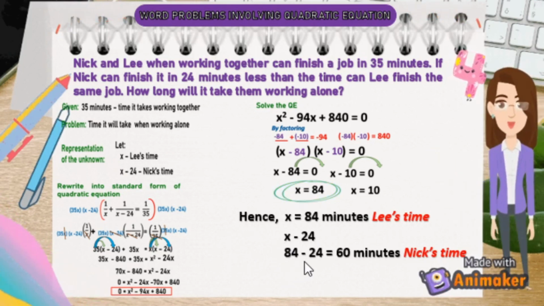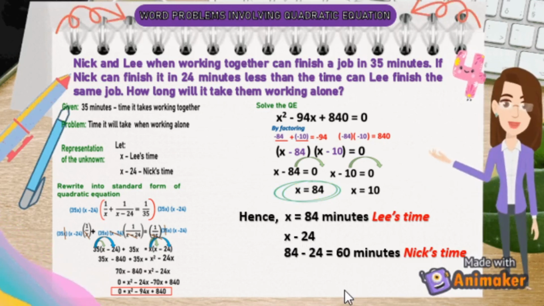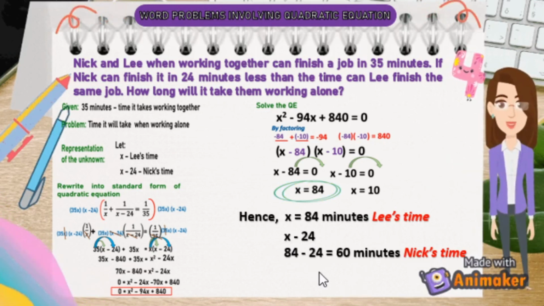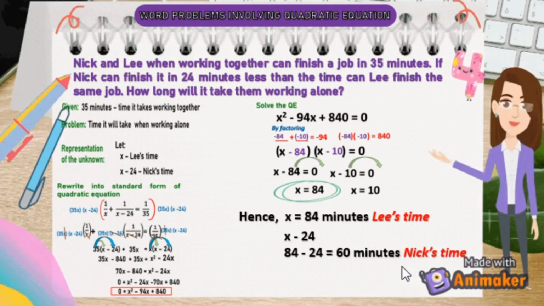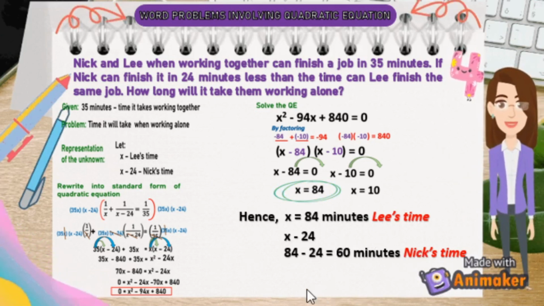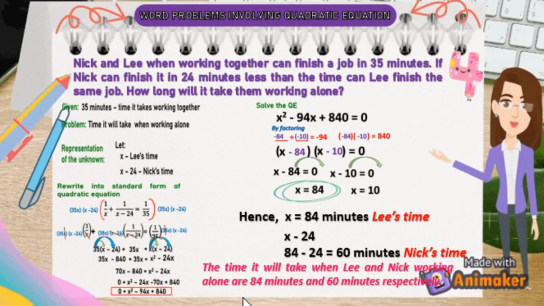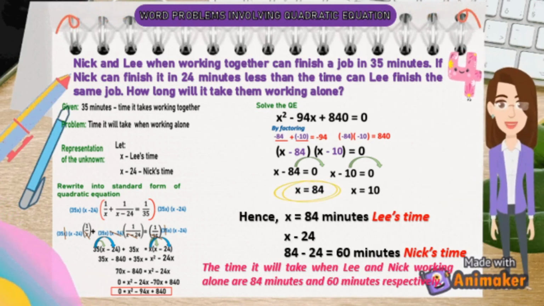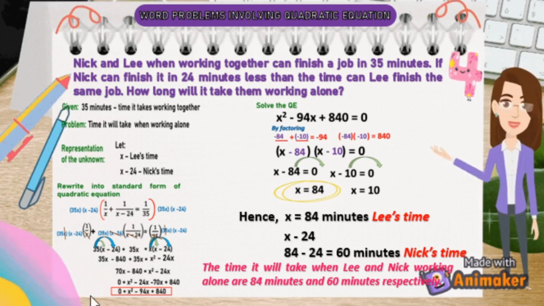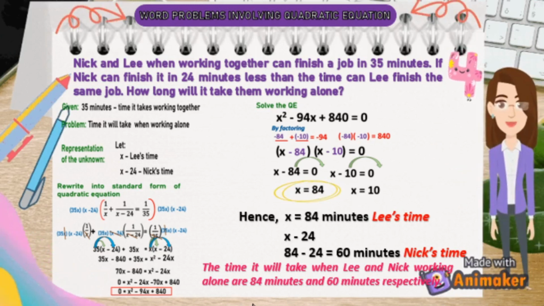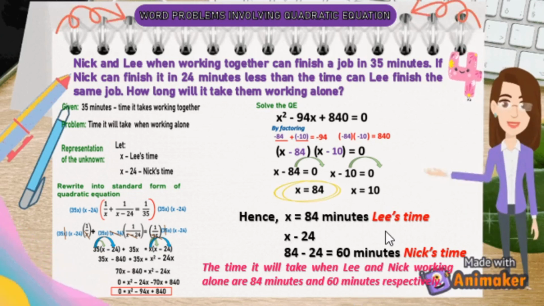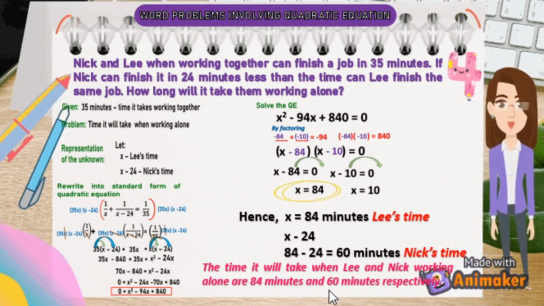So, 84 minus 24 is equal to 60. So, therefore, 60 minutes yung time ni Nick kapag nagtrabaho naman siya ng mag-isa. So, the time it will take them when working alone, no, is 84 minutes para sa time ni Lee and 60 minutes sa time naman ni Nick.